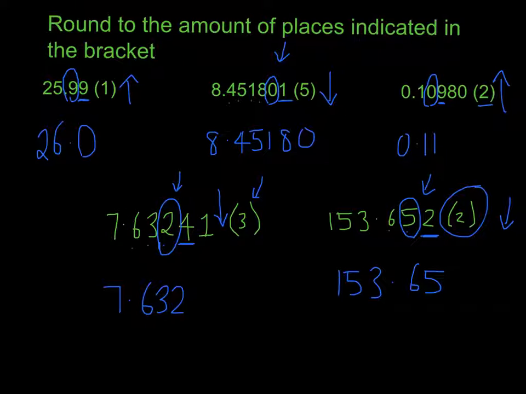Importantly, remember that 0 to 4 means that you round down, meaning that this number in the previous column will often stay the same. If it is a 5 or higher, we always need to round up. So as we've seen in some previous examples, with this one rounding to 2 decimal places, 9 was higher than 5, so we rounded up.